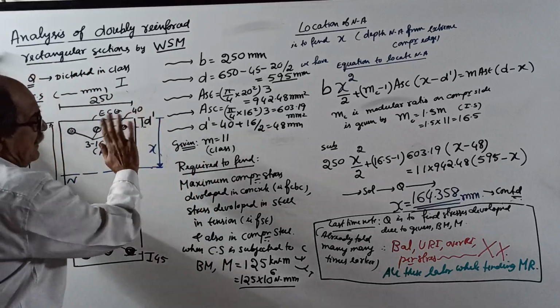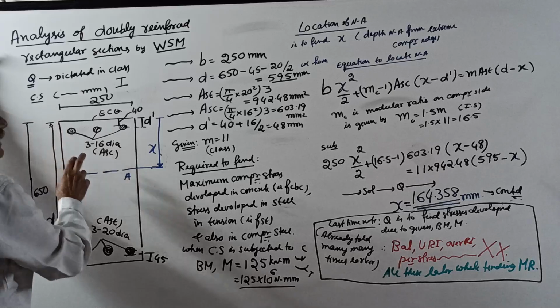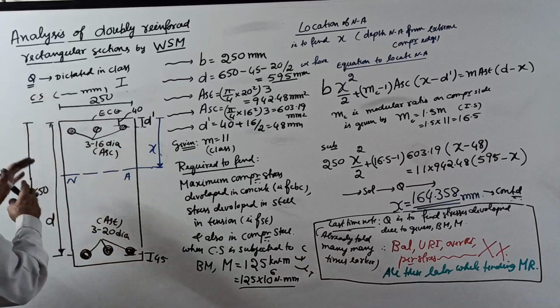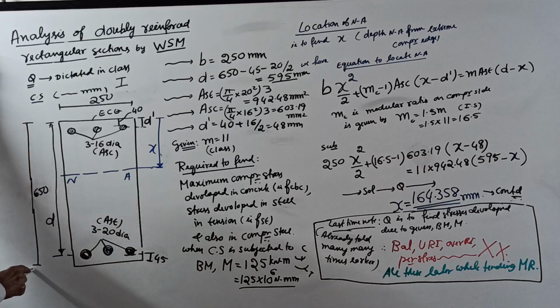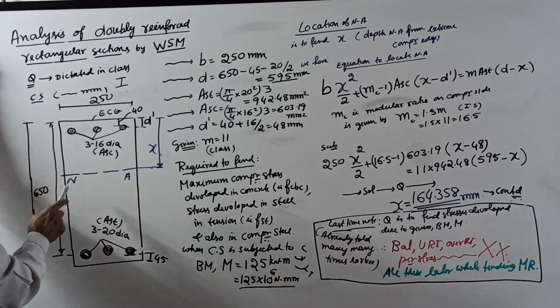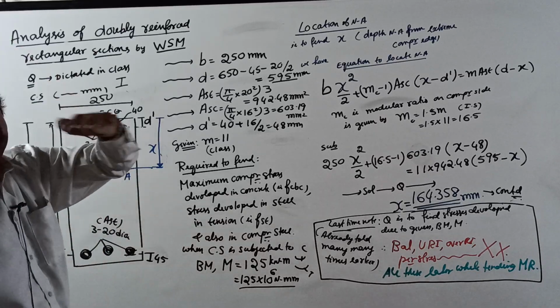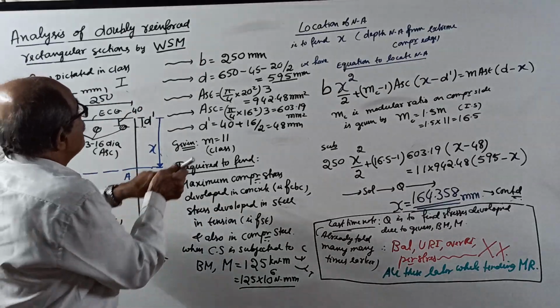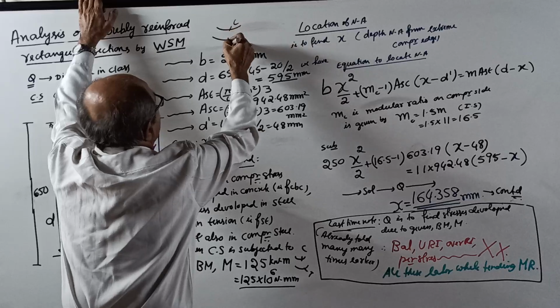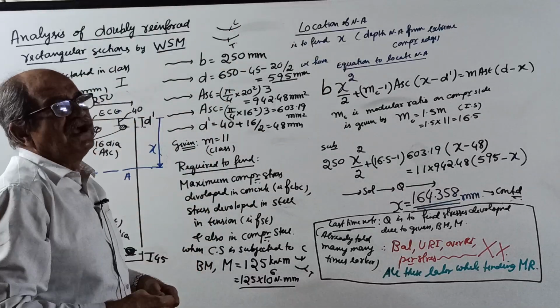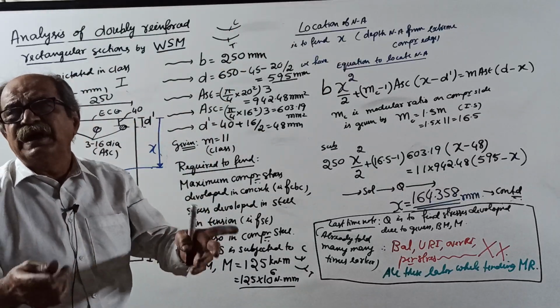Question. It is not MR. A rectangular section of an RC beam, 250 mm wide and 650 mm deep, is subjected to sagging BM. Remember, sagging BM means top compression, bottom tension. Suppose hogging, nothing to worry, same answer will come.